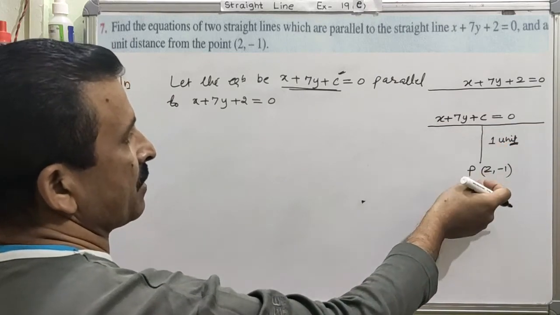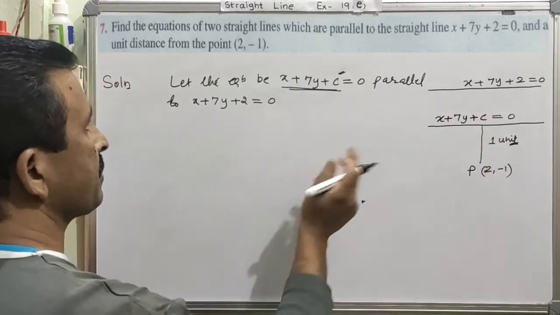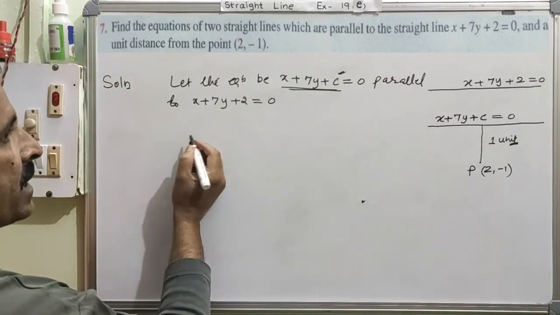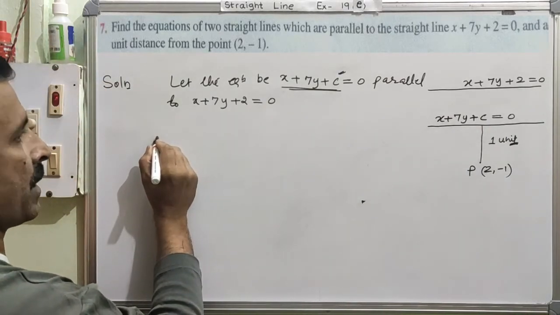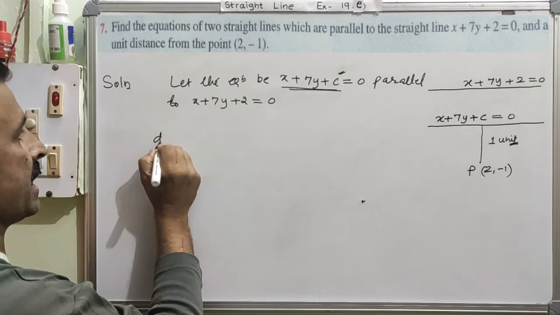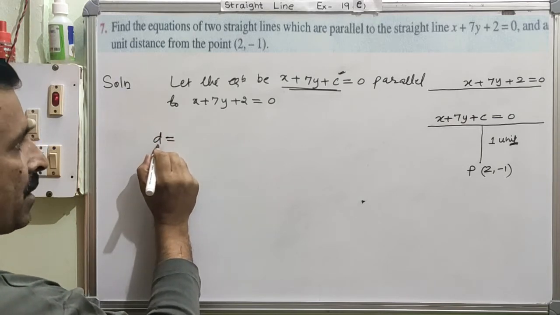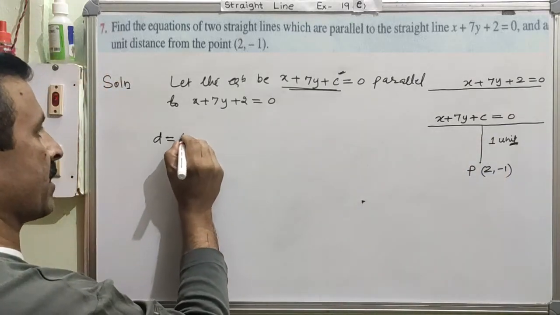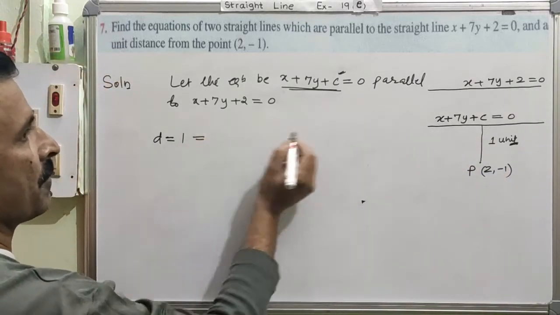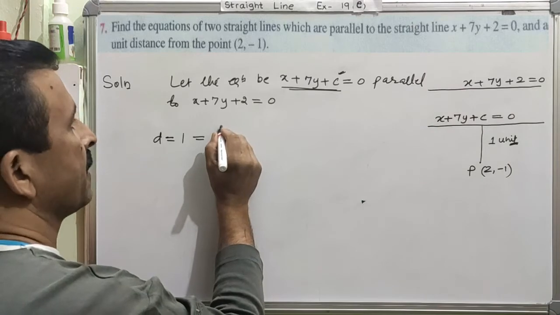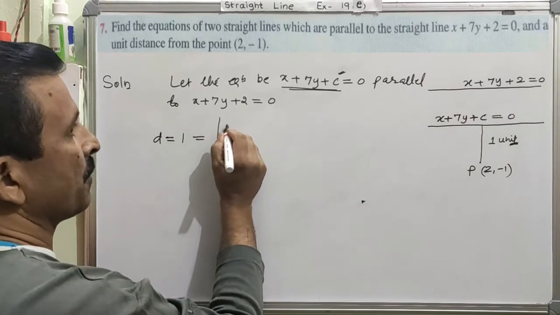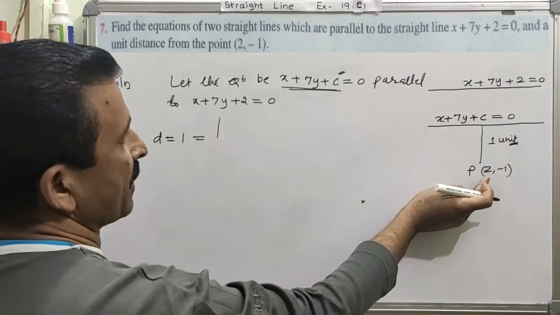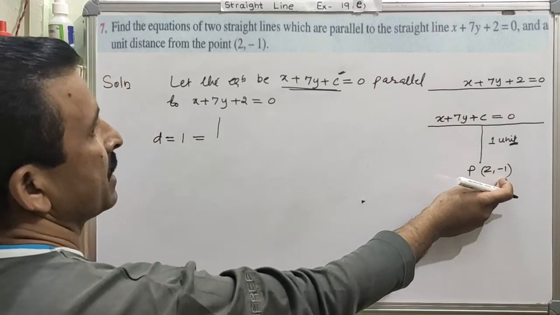Is it okay? So this is your equation, which is at a unit distance from this point. So we can use the perpendicular distance formula and we can calculate. The perpendicular distance is given as equal to 1. So I can write this as 1 is equal to the absolute value of the equation, in which you put the value of x and y as this point.